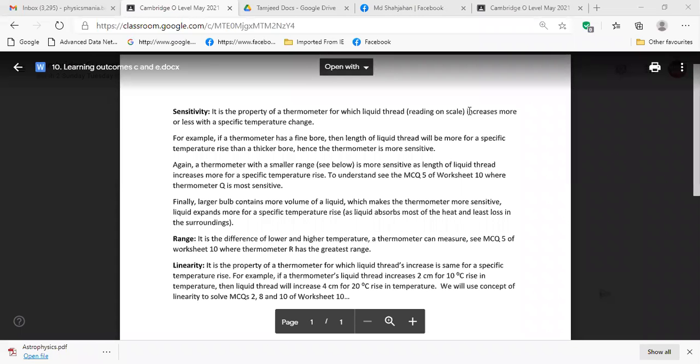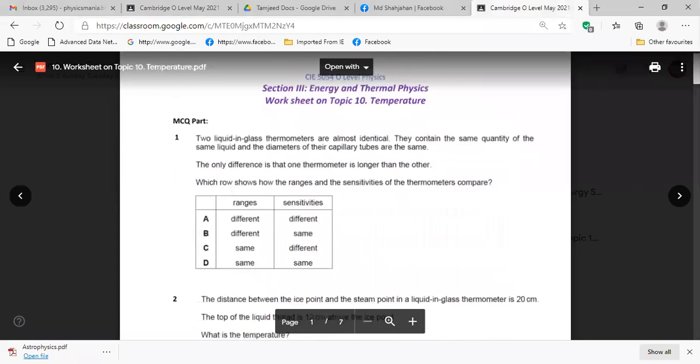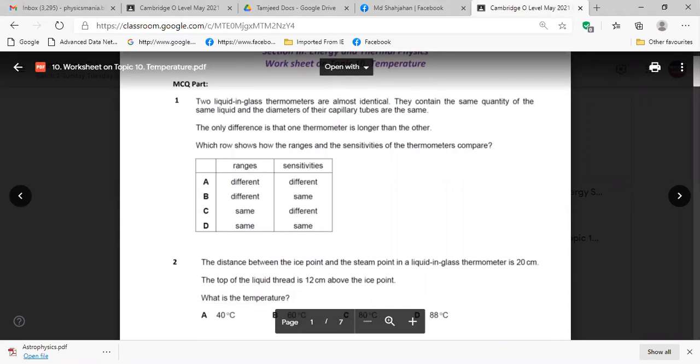Okay. Now, if you are done with this, if you understood it, then we are going to MCQ 1. Now you'll understand it. So their diameter of the capillary is the same, and they are containing the same amount of liquid.